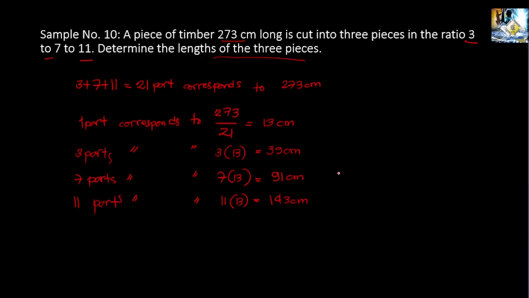To check if our answer is correct, we sum the 3 lengths: 39 plus 91 plus 143 is 273 centimeters, which is equal to our 21 parts, the whole timber length. So they are equal, and we can say that the ratio 3 to 7 to 11 gives the lengths of the 3 pieces.